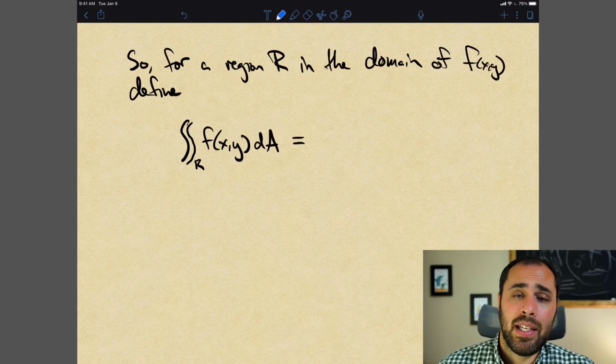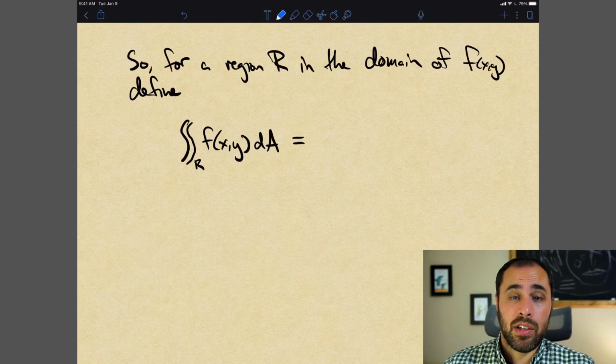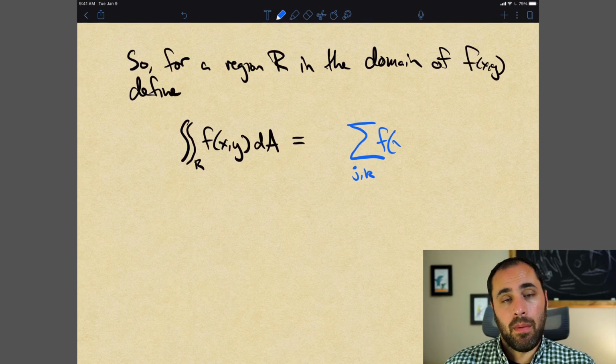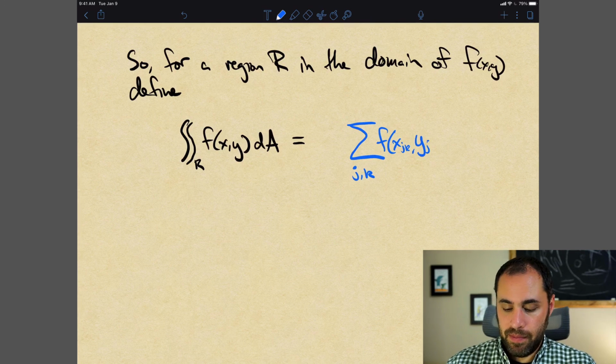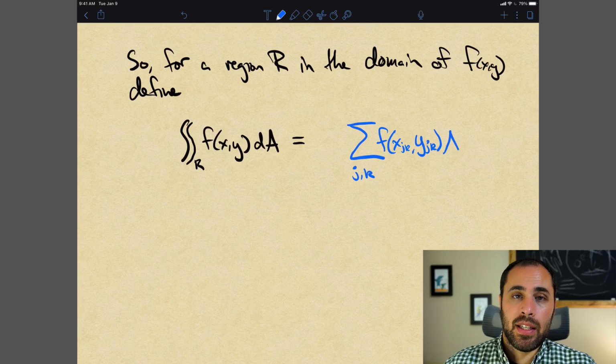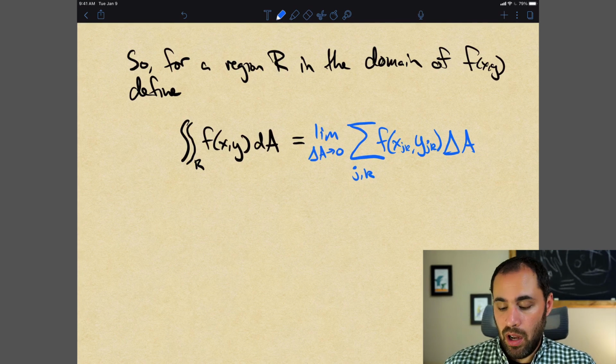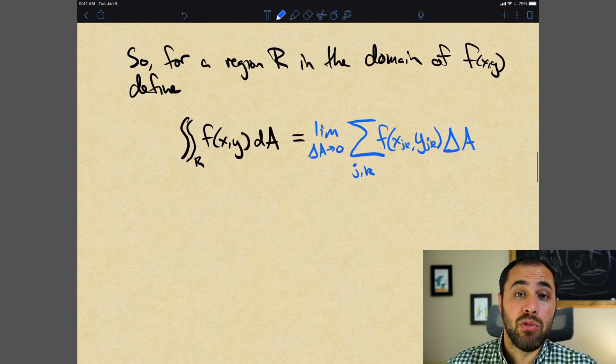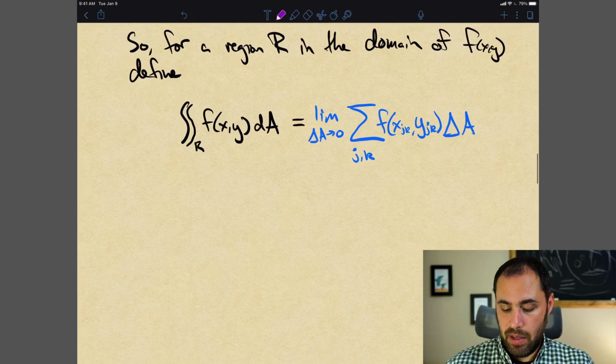And we'll use that idea to write down our definition of a double integral over region R for a function f of x, y. We'll say that it's the limit as delta A, the size of those rectangles, goes to 0 of this sum, adding up all the sample points times the area of the rectangle. So this is basically our 2D version of a Riemann sum.